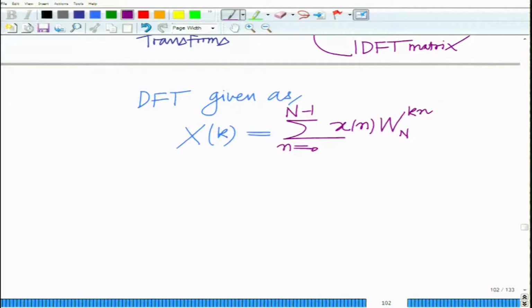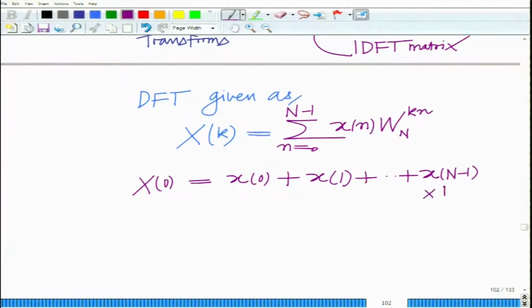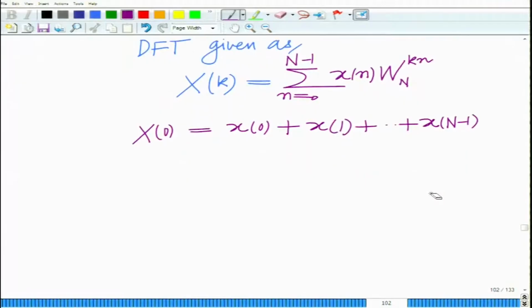So, for instance, you have your X0, which is x0 plus x1 plus so on, xn minus 1, each multiplied by Wn raised to k equals 0.